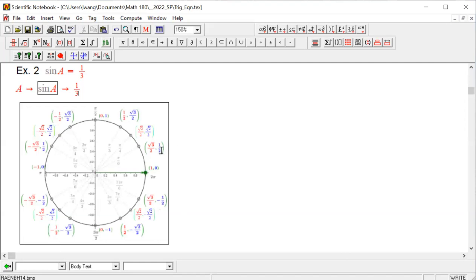We know where half is. 1/3 is smaller than half, so there should be a terminal. Okay, let's see what color I'm going to use. I'm going to use purple.